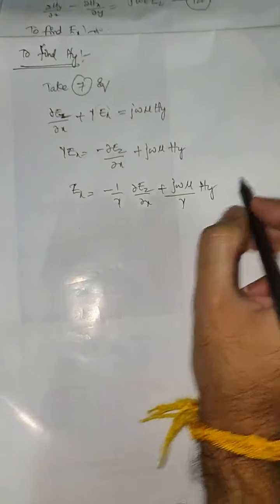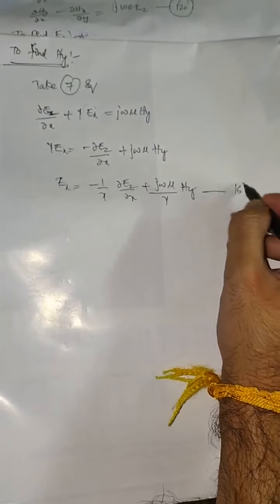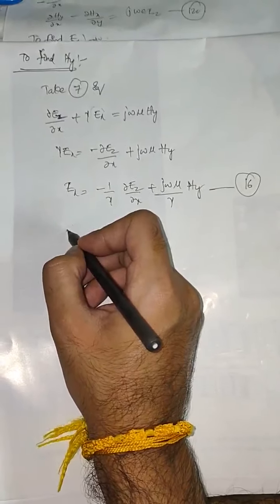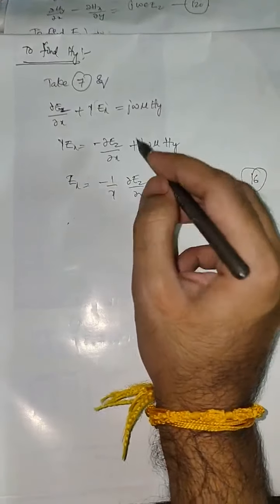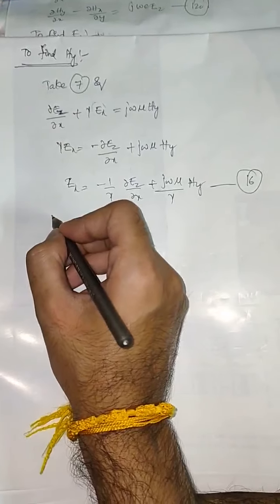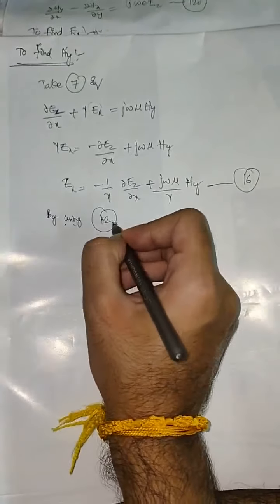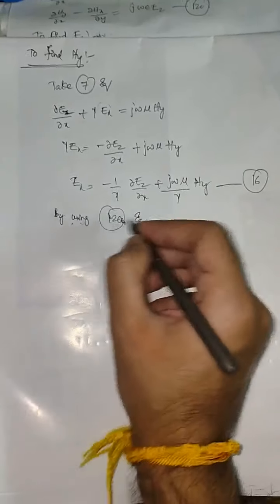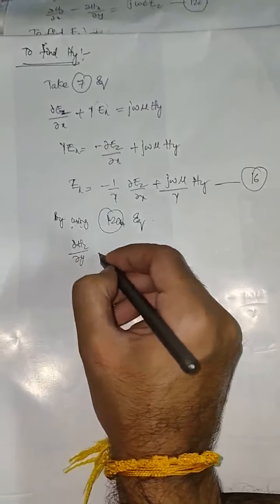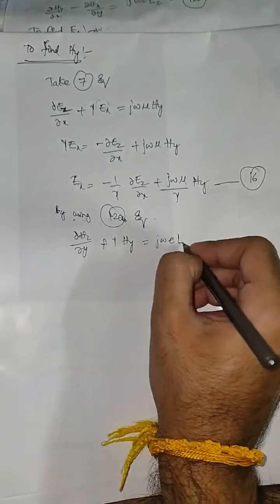So this is the Ex equation, equation number 16. From this you need to substitute in the 12a equation. So I am writing the 12a equation: ∂Hz/∂y plus γHy is equal to jωεEx.